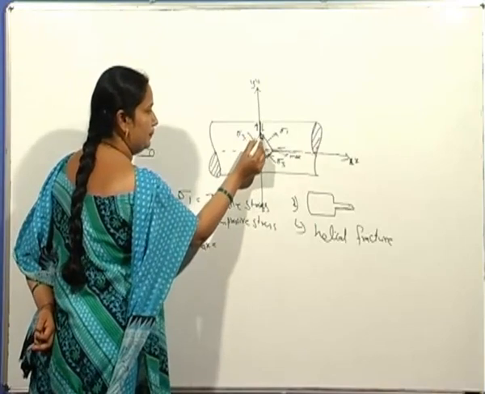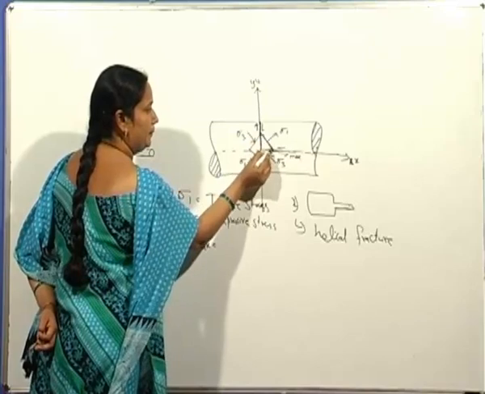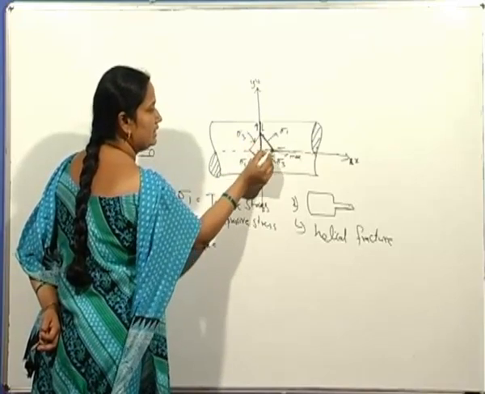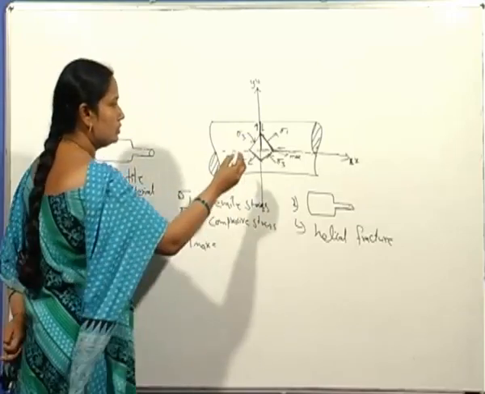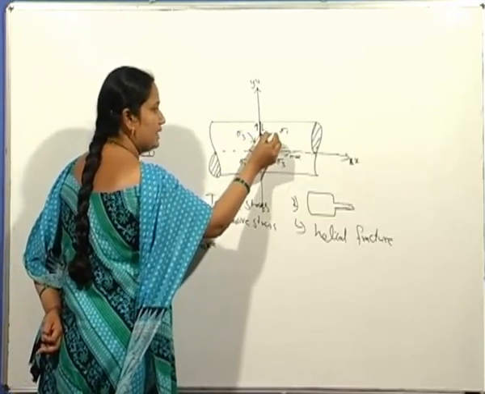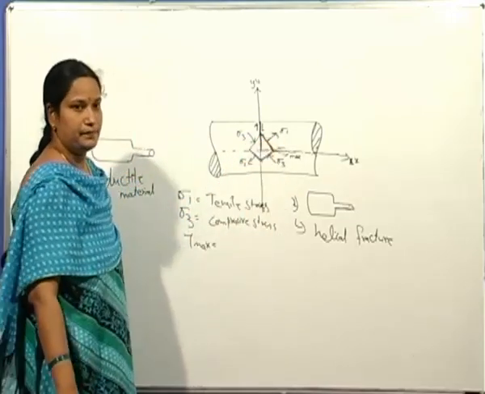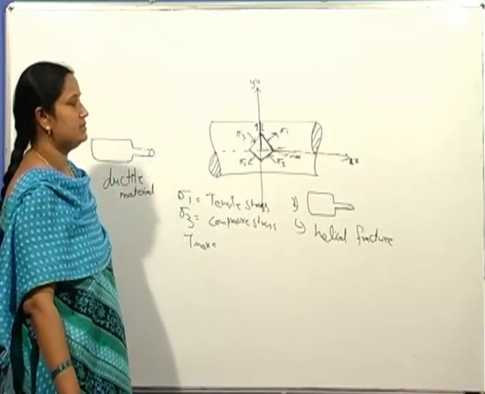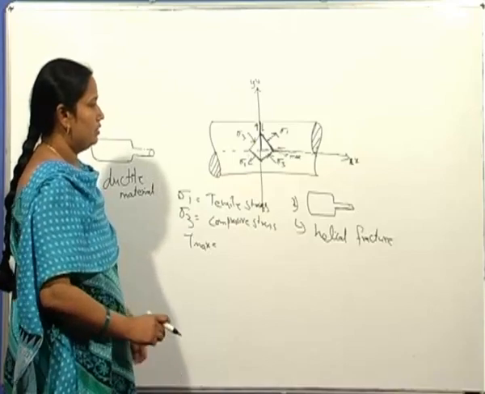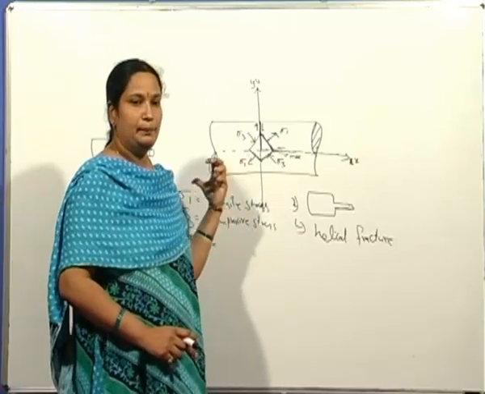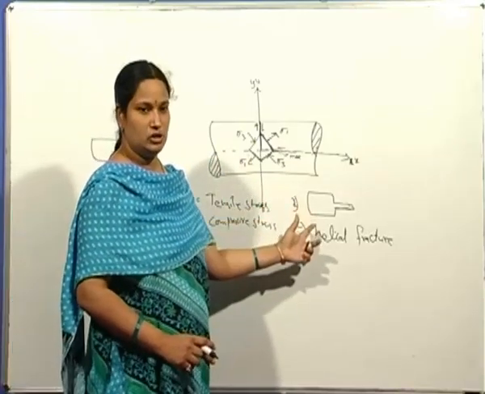So this is the plane over which the brittle material fails, because on this plane the maximum normal stress, which is the tensile stress sigma 1, is acting. So this is about how a brittle material and a ductile material fail in torsion.